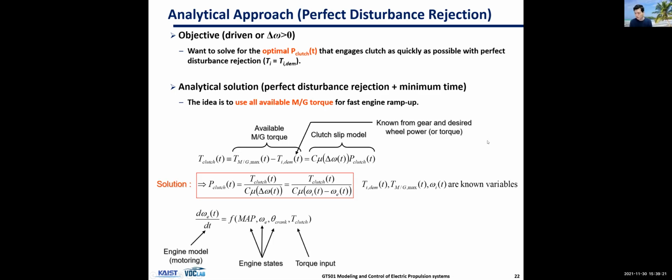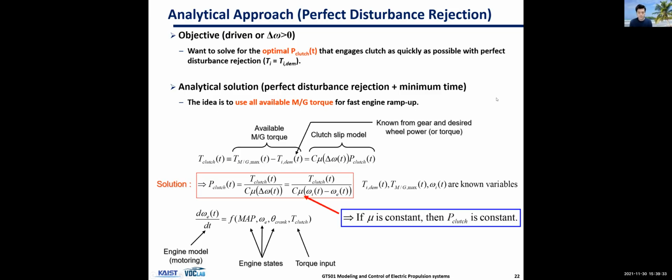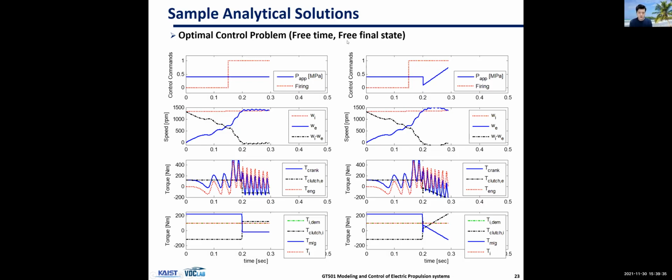Please take a look if you're interested in how the optimal control problem is formulated for the engine start control problem. And this is the analytical approach, and you can see this is quite similar to the numerical approach, the DP solution.